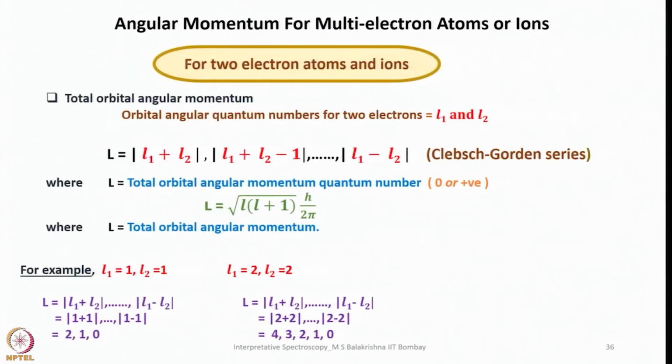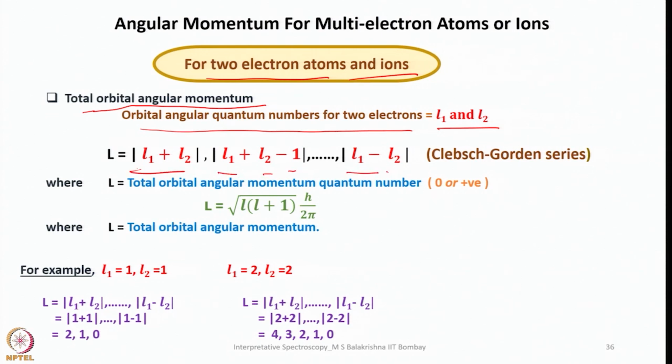So now let's look into the angular momentum for multi-electron atoms or ions. For two electrons, the total orbital angular momentum is built from the orbital angular momenta of the two electrons, L1 and L2, and then L equals L1 plus L2, L1 plus L2 minus 1, and so on until it goes to L1 minus L2.